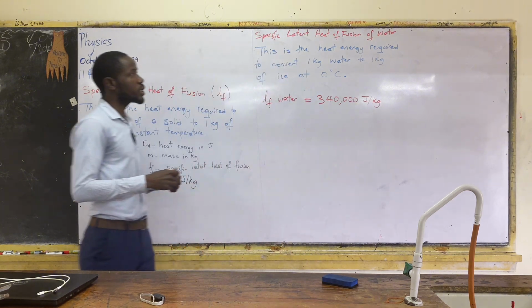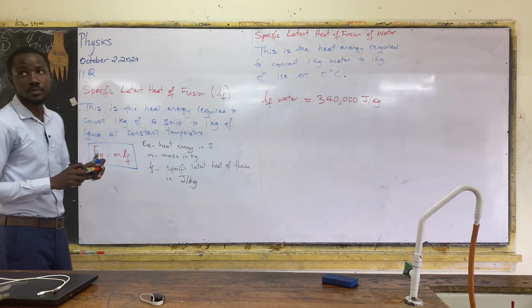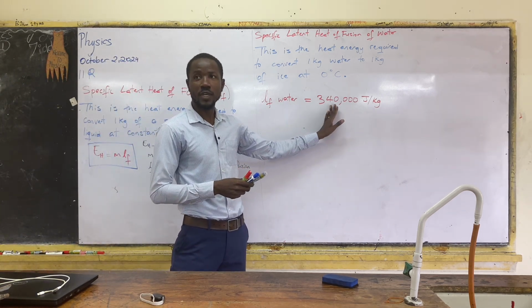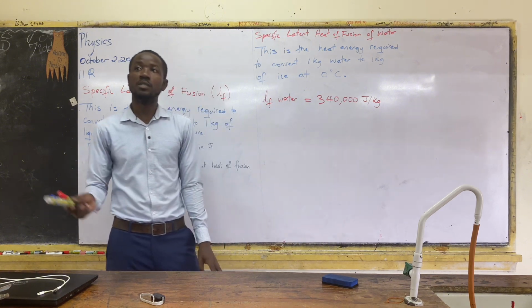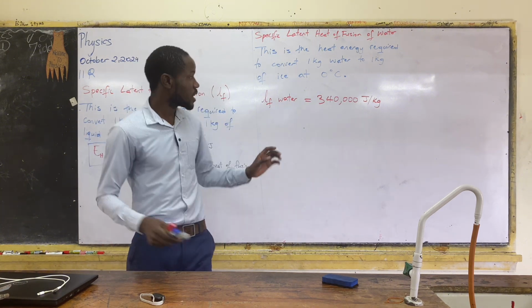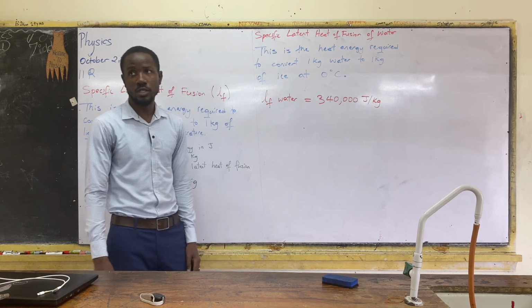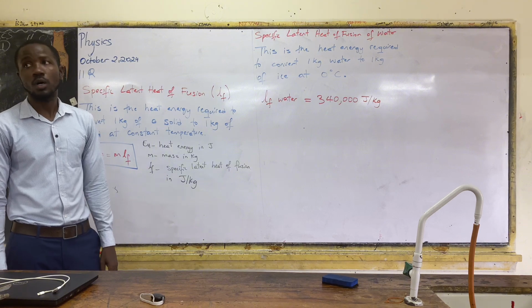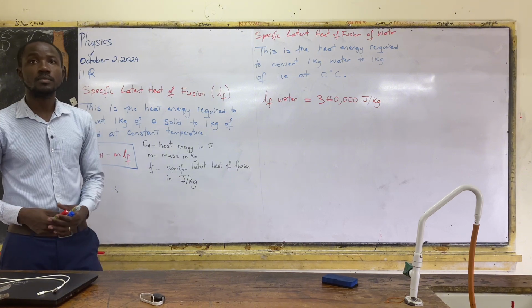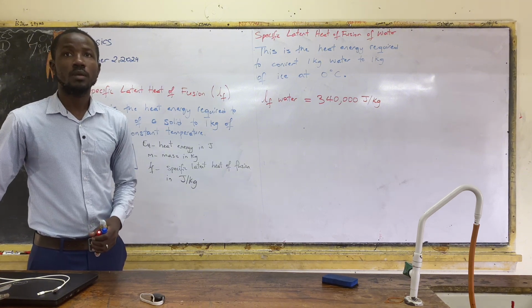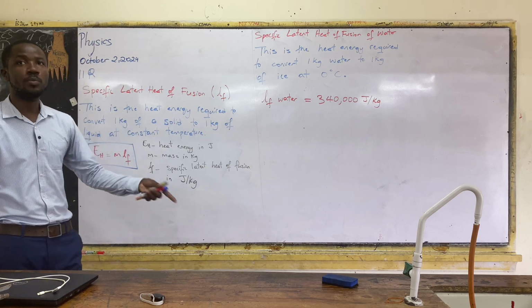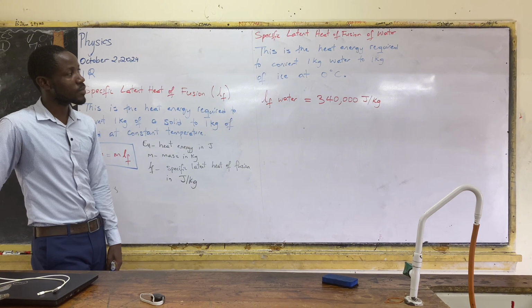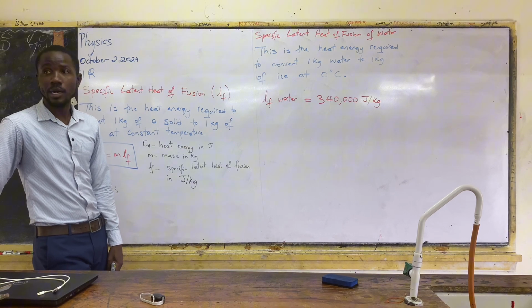So in order for us to convert 1 kilogram of water to ice, you need to remove this amount of energy. If you have 1 kilogram of ice and you want to melt it to form 1 kilogram of water, you have to apply this amount of heat energy, for each kilogram, that is. If it's 4 kilograms, you quadruple and so on. So that's 340,000 joule per kilogram.